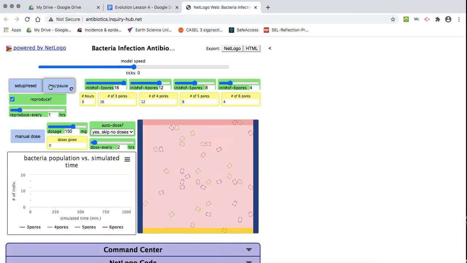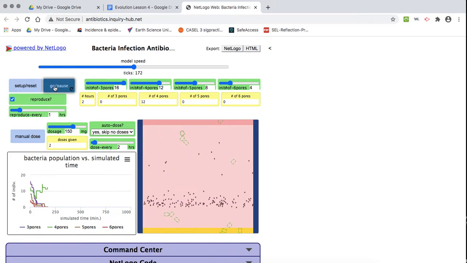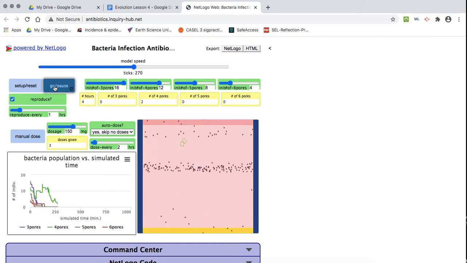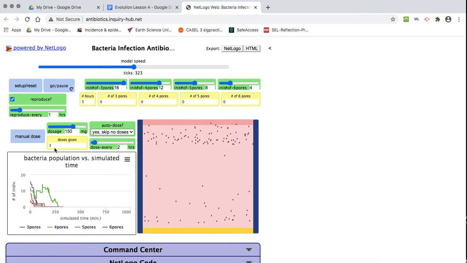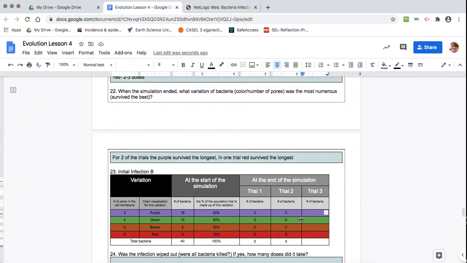And then one more time. All right, so in this one, it took about 3 doses and green survived the longest. We still have no bacteria in the end.